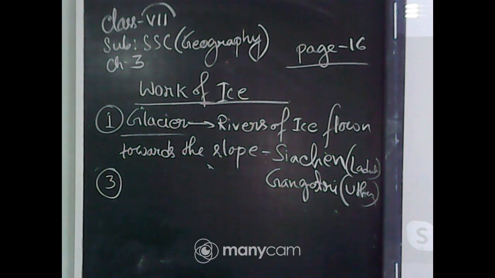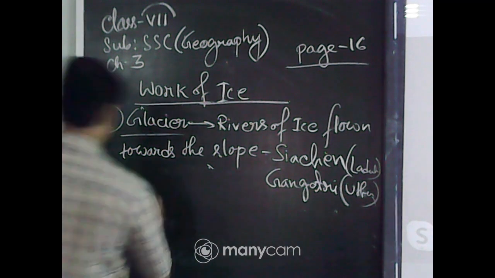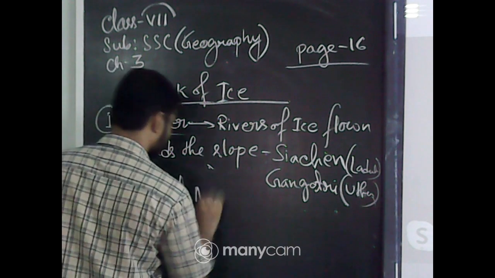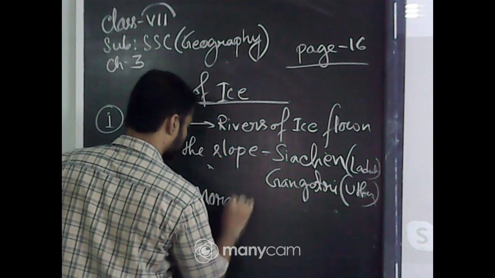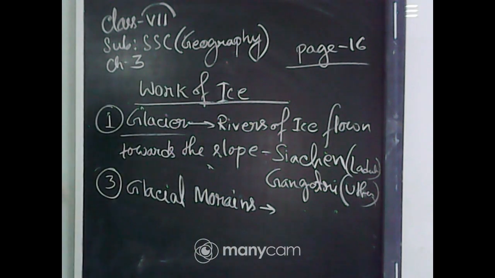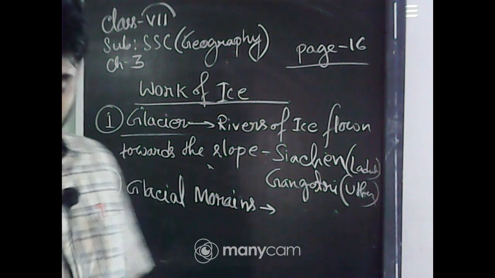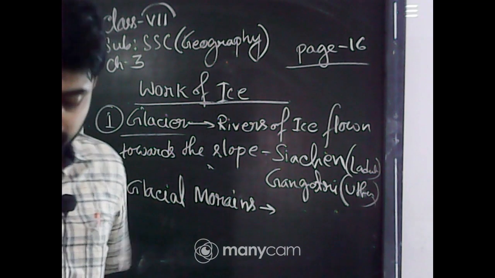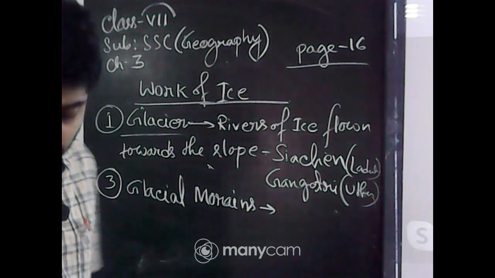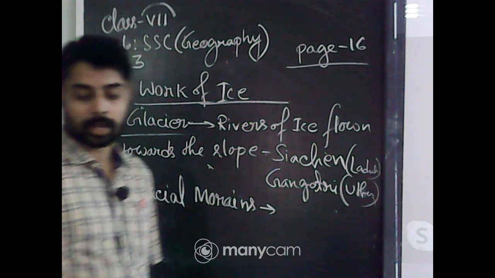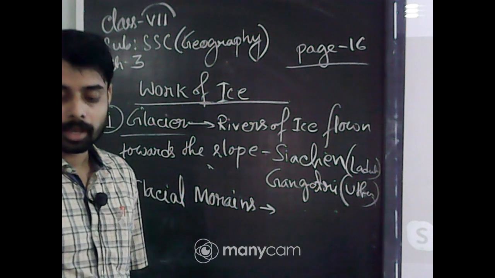Now listen, I am discussing number 3, glacial moraines. The material carried by glaciers, such as big and small rocks, sand, pebbles, small particles, and silt.